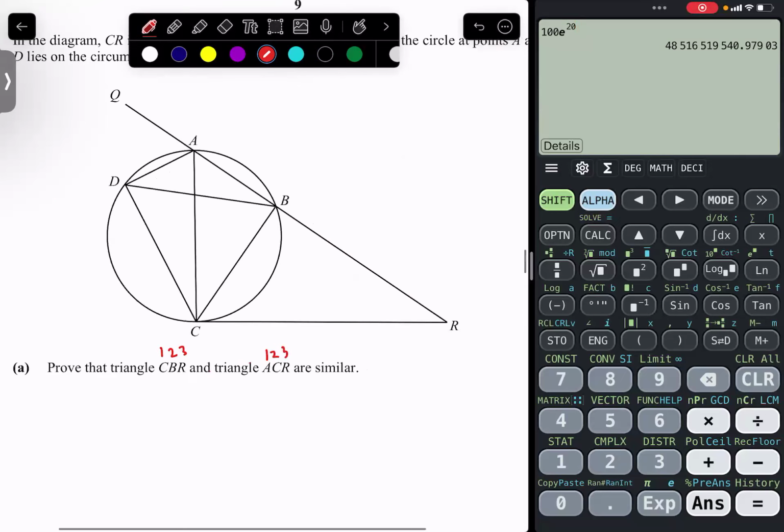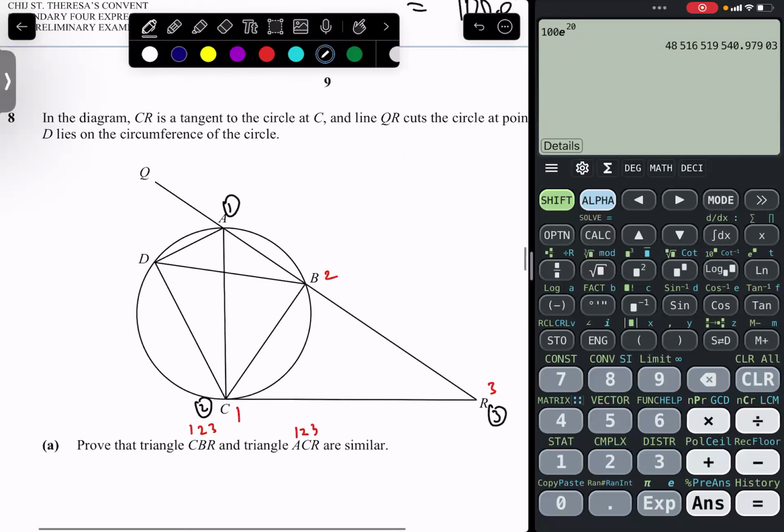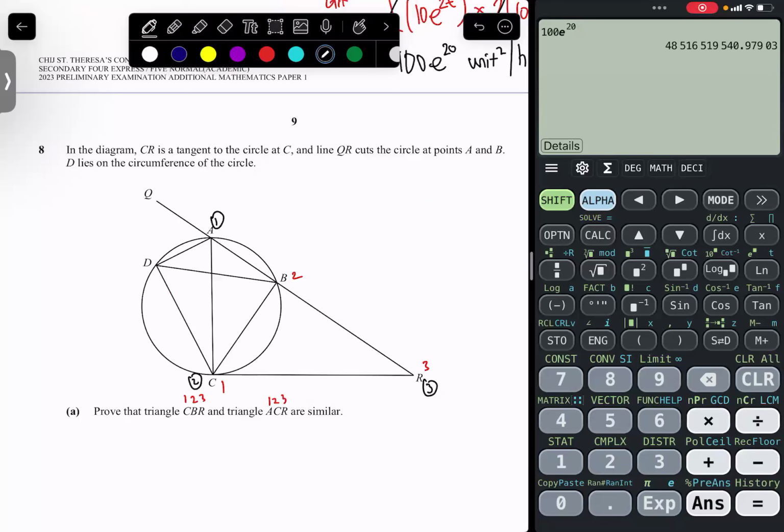So they say CBR and ACR. D lies on the circumference of the circle, which doesn't really matter.